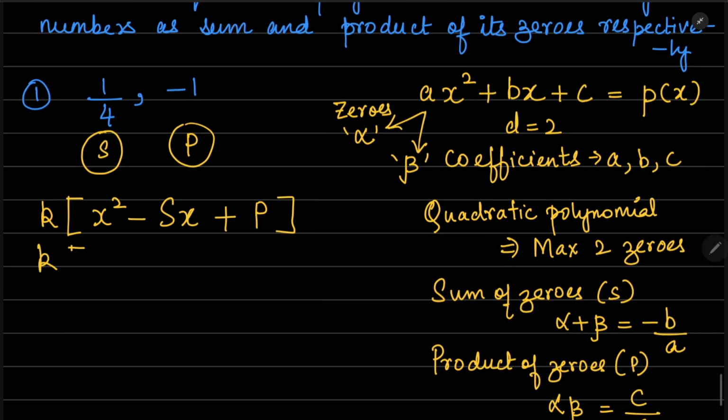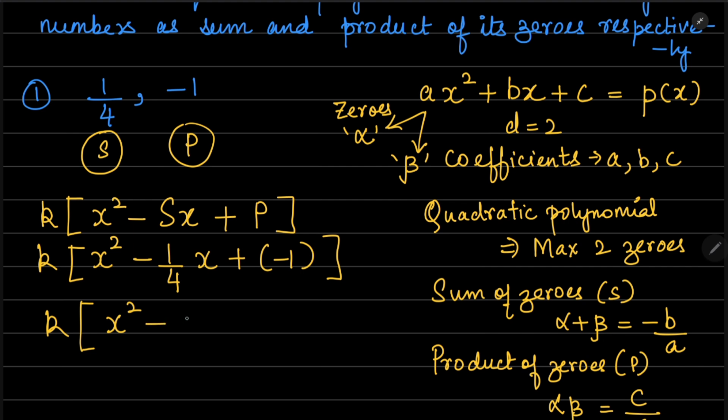So, k multiplied by x square minus s, which is 1 by 4, x plus p, so plus of minus 1. Be very careful. Let me write this: k multiplied by x square minus 1 by 4 x minus 1.